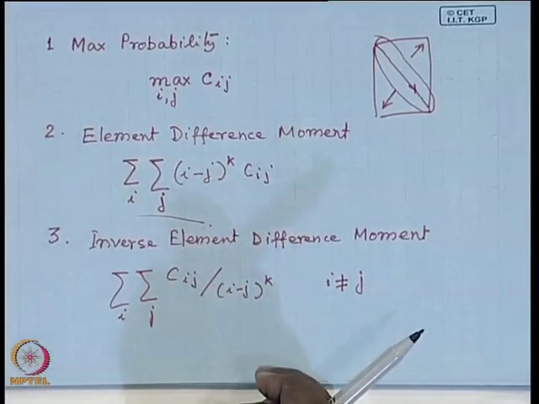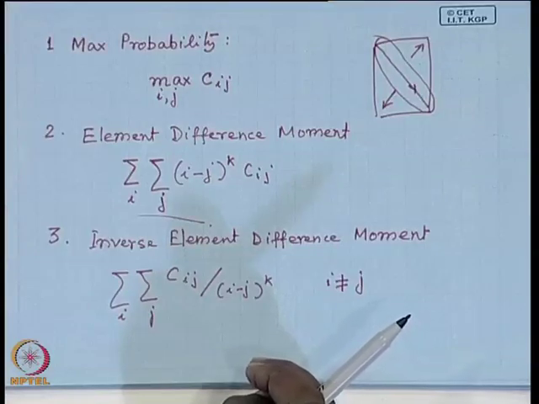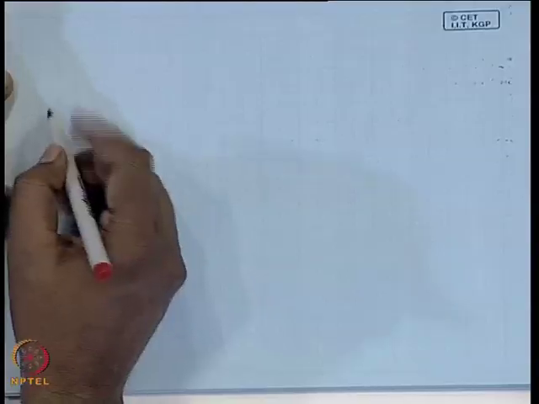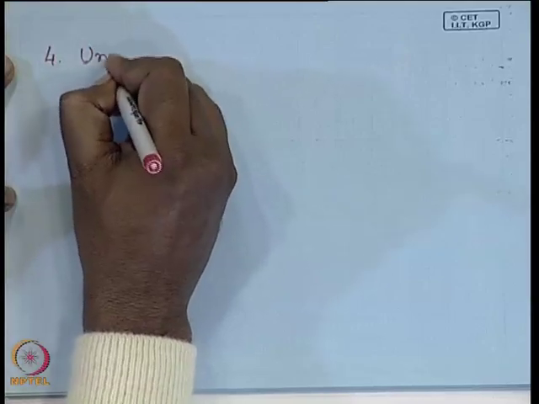Okay. So, this gives you an indication of what the co-occurrence matrix of a given texture looks like. And if I have samples of the same texture, the co-occurrence matrices will also be similar. Okay. Similarly, the other feature that can be obtained from the co-occurrence matrix is what is called uniformity.